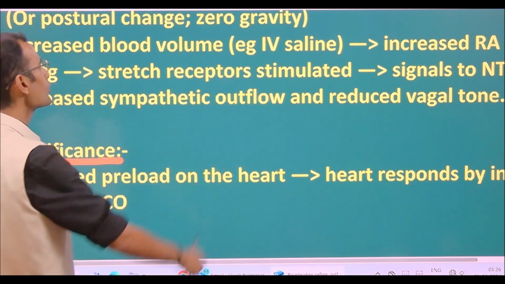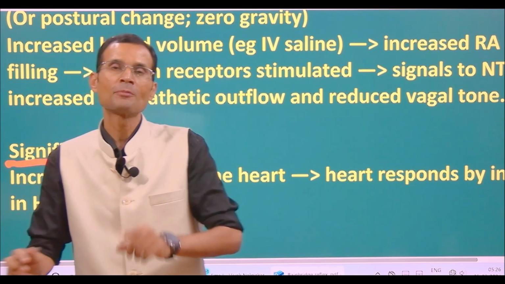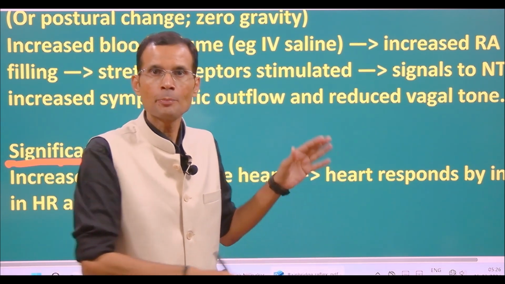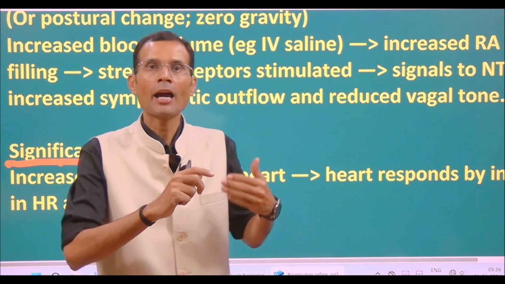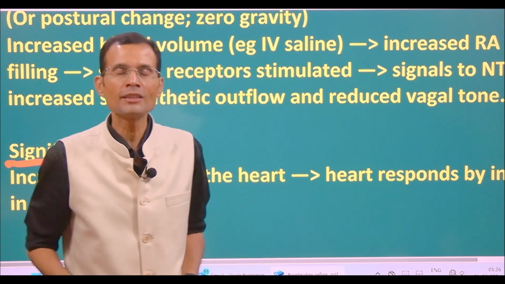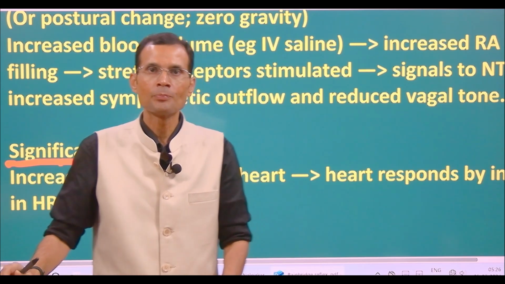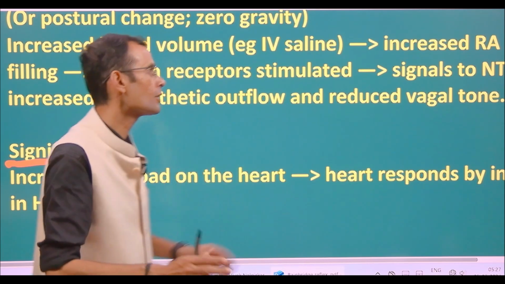Signals are sent to the nucleus tractus solitarius, and now watch this. In the Bainbridge reflex, there is sudden withdrawal of the vagus and increased sympathetic firing. And therefore, obviously, there is reflex tachycardia. Parasympathetic discharge stops and sympathetic discharge occurs massively.